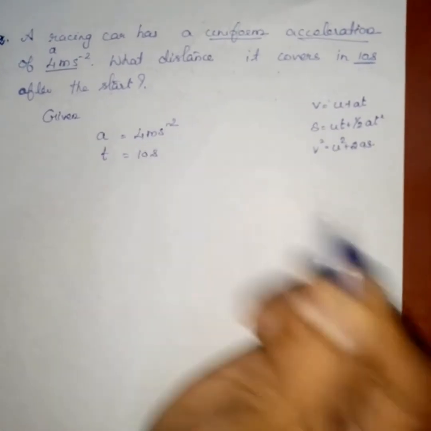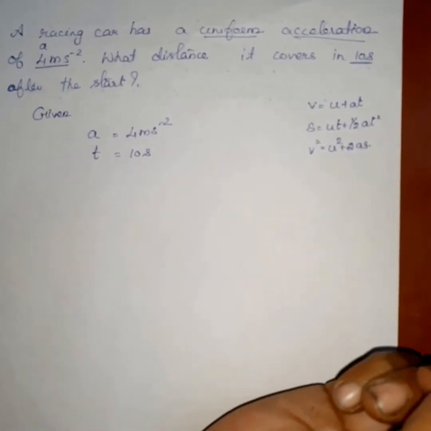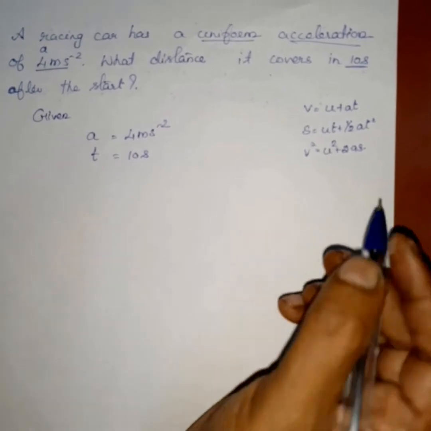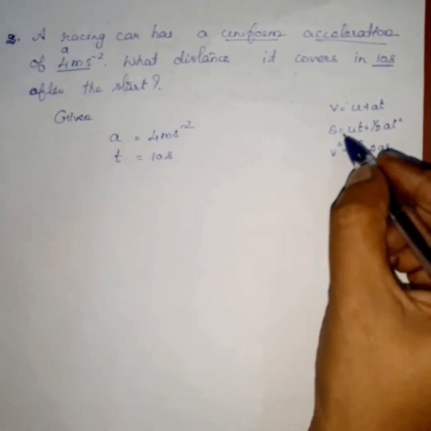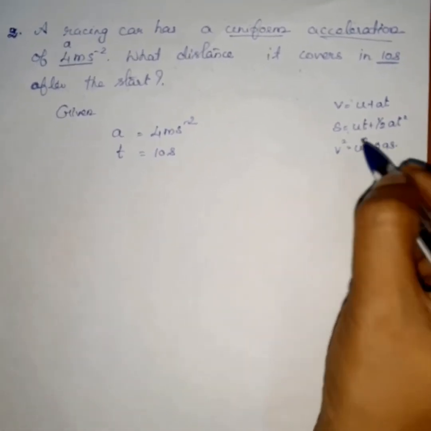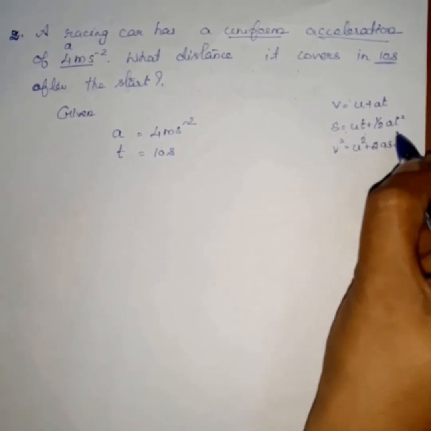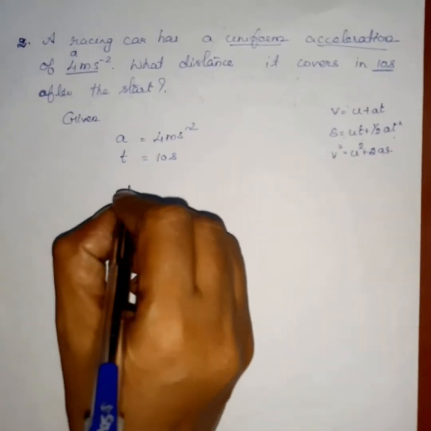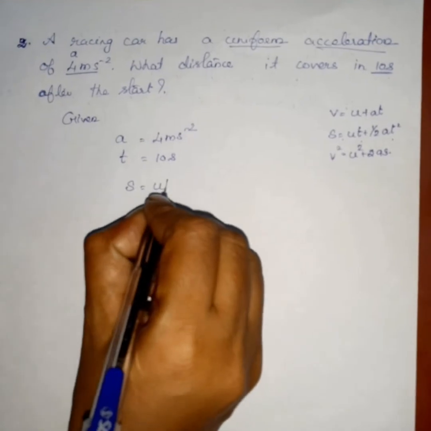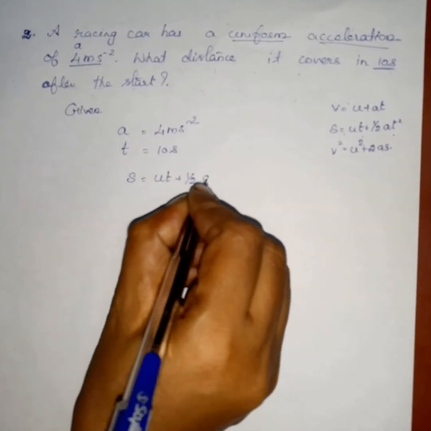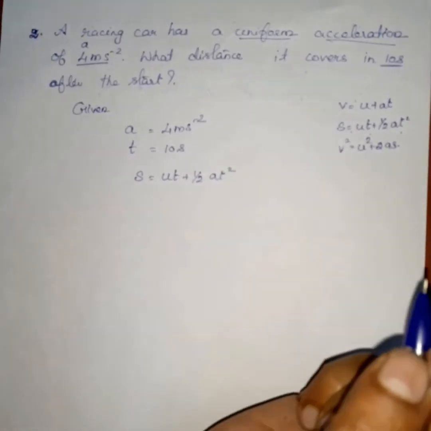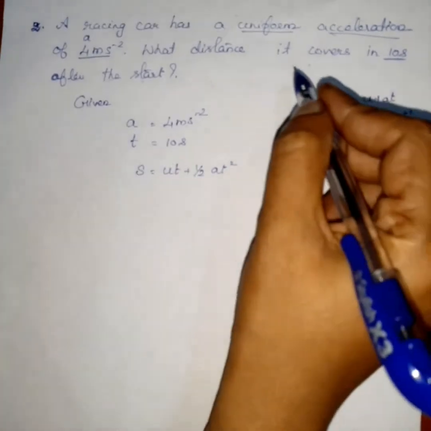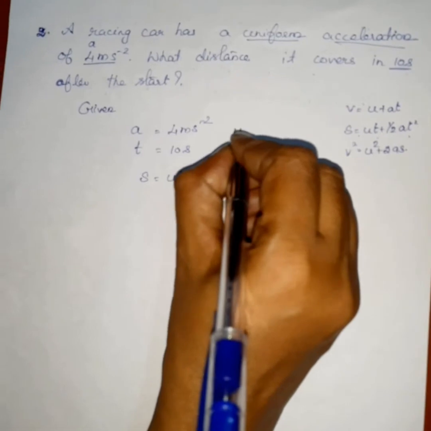Now you apply the second equation of motion: s is equal to ut plus half at square. Here, what is the initial velocity? Initial velocity is 0. So u equal to 0.